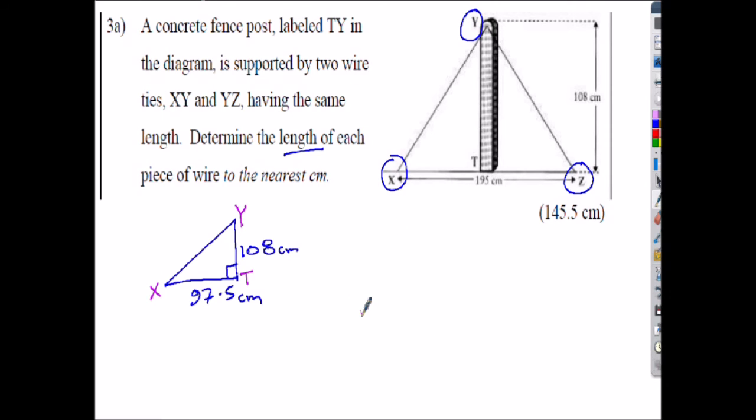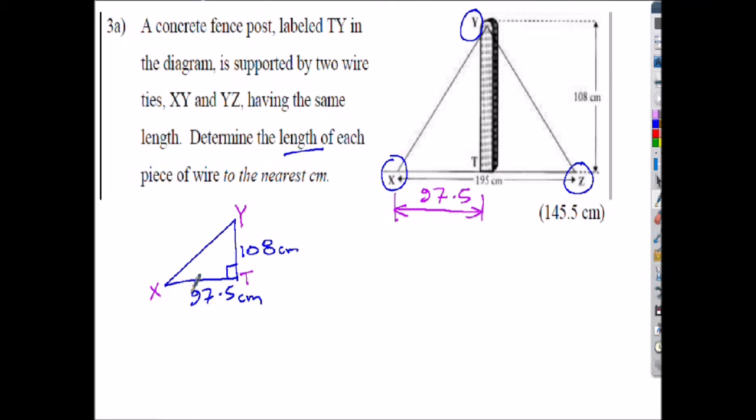So sketching the problem from the information given, I've got to find the value of XY in this case, because that's the length of the wire. Notice the length XT across here will be 97.5 centimetres. That's half of the 195 centimetres given in the question.